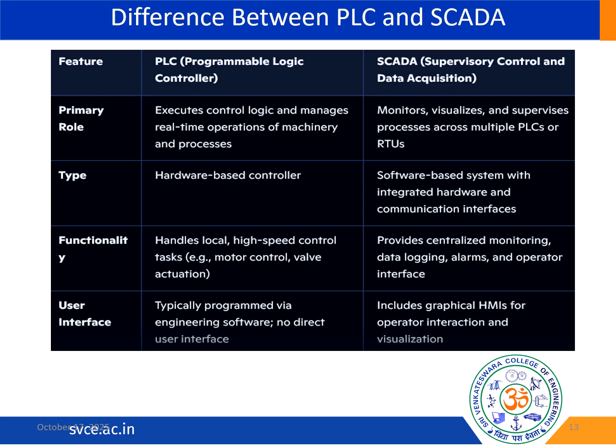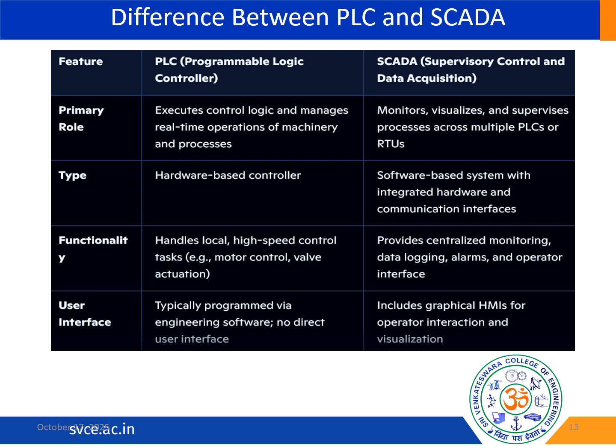Next, it's based on functionality. Here, PLCs can handle local high-speed control tasks, for example motor control, valve actuation, and so on. And SCADA systems provide centralized monitoring, data logging, alarms, and operator interface.